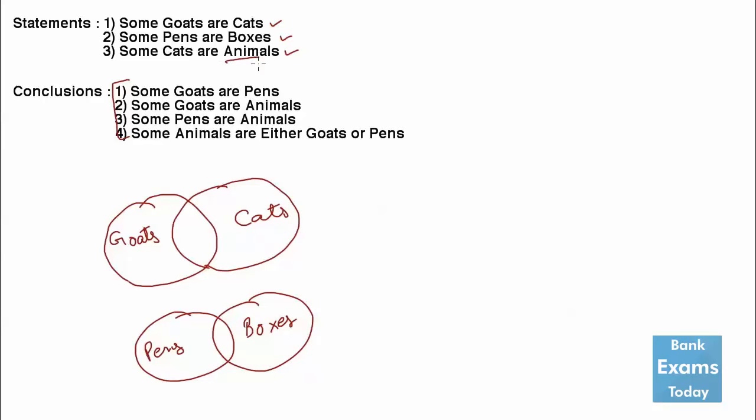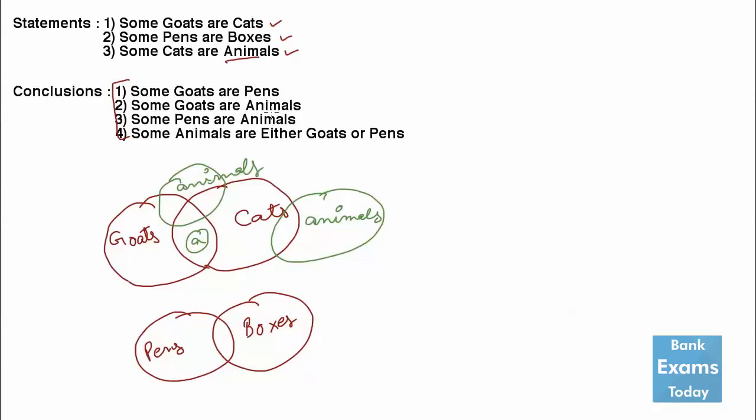So there is a possibility that some cats are animals. Now we will draw all the possibilities for the animals. So it can be something like this for animals, or it can be like this for animals, or it can be like this again for animals. So there are these three possibilities.